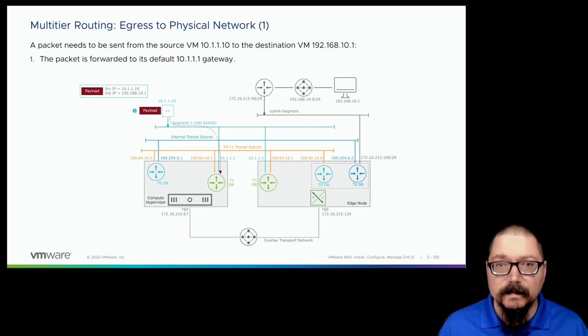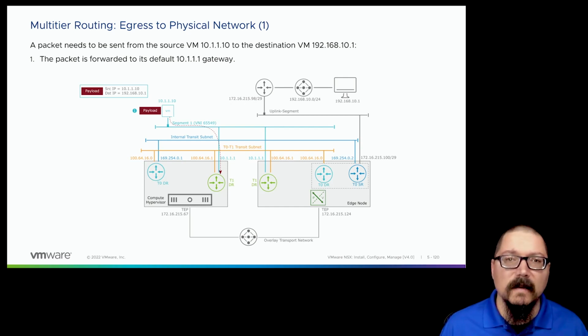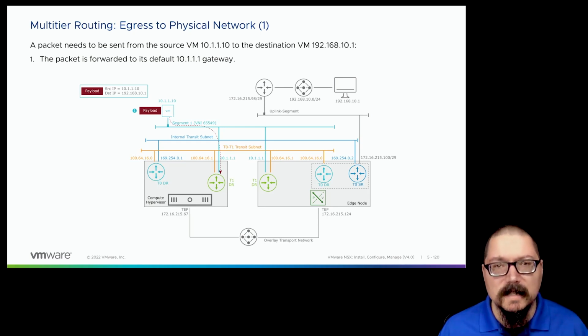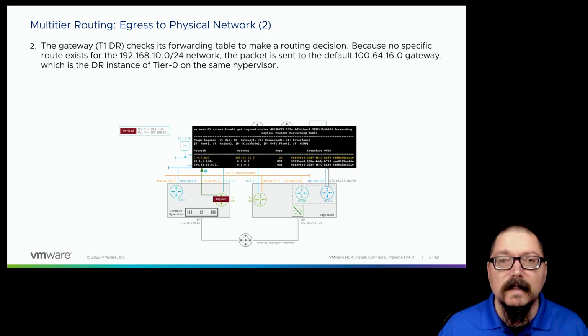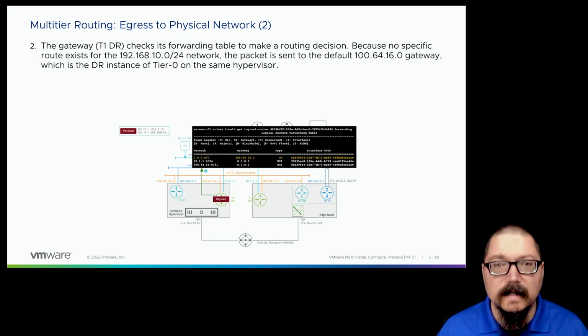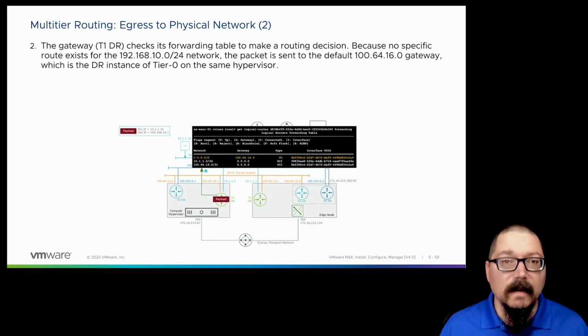Well, here I have the same communication that I want to do. I want to communicate from 10.1.1.10 out to 192.168.10.1. So what are we going to do? We're going to send the packet to our default gateway. Now, the default gateway lives in a distributed router on the hypervisor, just like it did before.